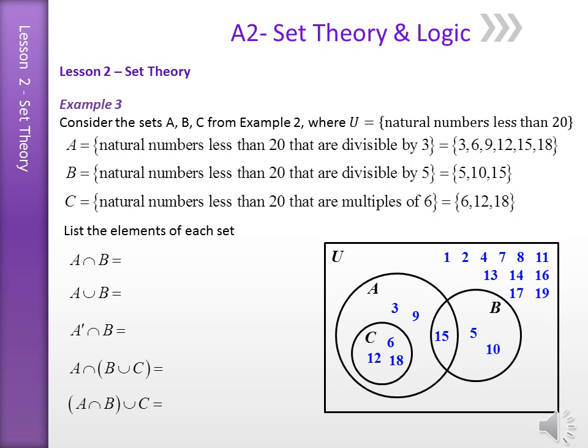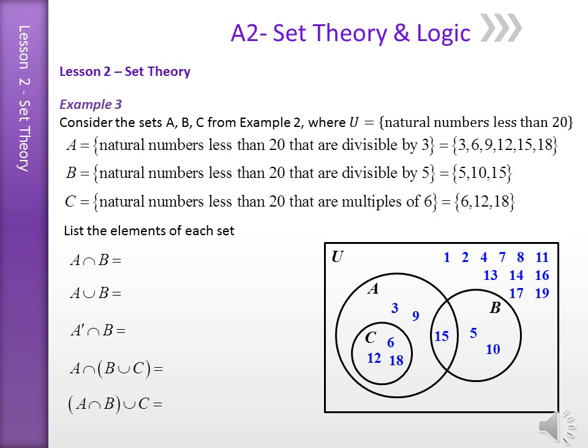The numbers that are divisible by 5 are contained in set B. So that's the 5, the 10, and the 15. And the numbers that are multiples of 6 are contained in the subset C: 6, 12, and 18. And notice that this set lies entirely within set A.